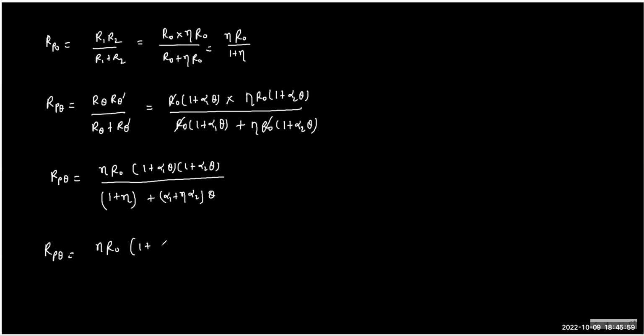So 1 plus alpha 1 theta, alpha 2 theta. So this is alpha 1 plus alpha 2 theta, and then we have alpha 1 alpha 2 theta square. We'll come to that. In the denominator, we can take 1 plus eta common, for the reason I explained. And then what would be left with? Alpha 1 plus.